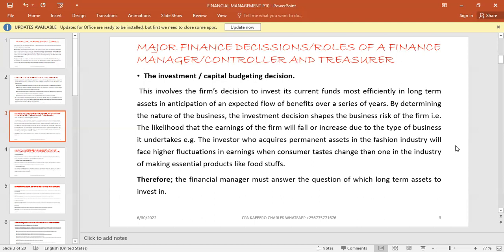Here we are trying to look at the risk that is involved. If someone sets up a fashion industry, something which is fashion based, it means when the customers' tastes or what they feel about the product changes, it will affect how the person will be earning.